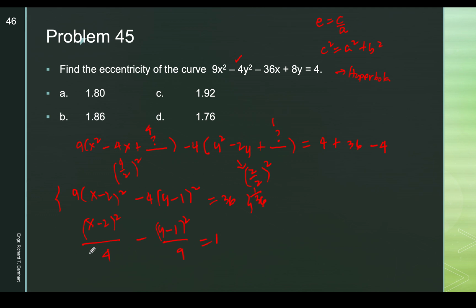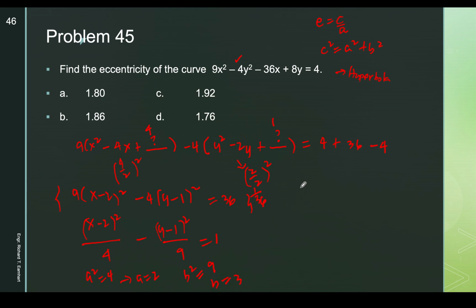Okay, the one with the positive term is your transverse axis. So therefore this is your a squared, or a equals 2. And then the one with the negative term will give you b squared equals 9, so b must be 3.